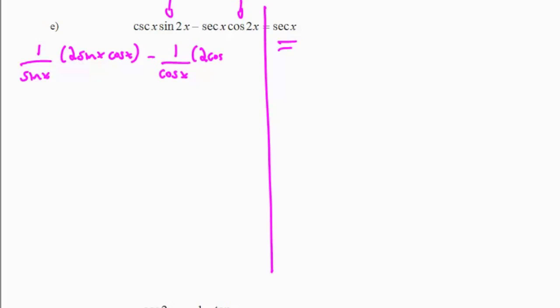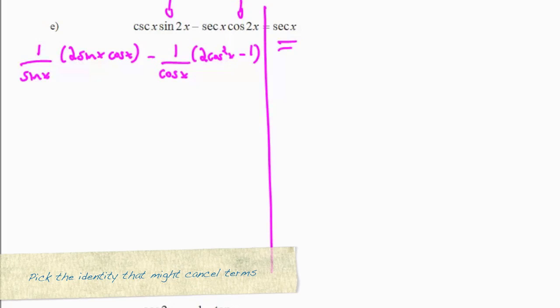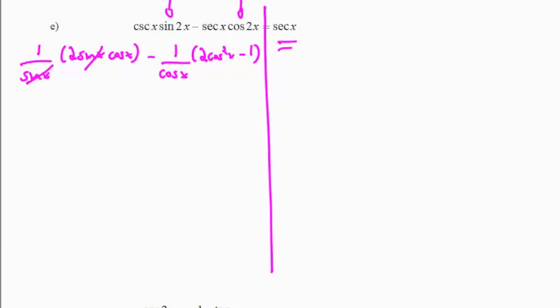Now, this is where you have to think for a second. You've got a 1 over cos x here. You've got a couple of options for cosine of 2x. I'm saying let's go ahead and use 2 cosine squared x minus 1. Why? Because we're going to get to cancel some stuff, and that's really the whole point of this, right? So let's take a look at if that did anything for us.